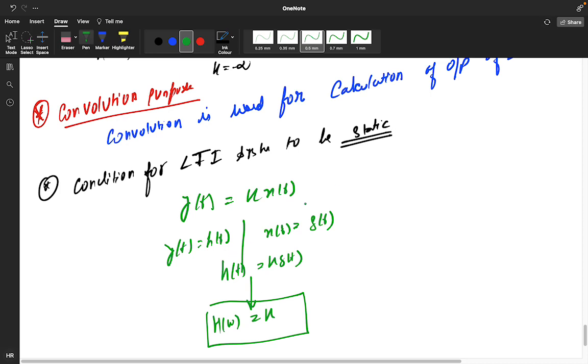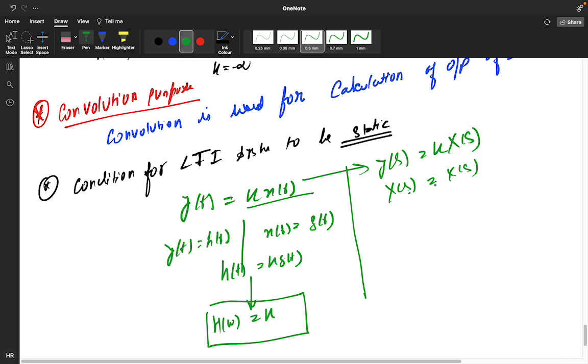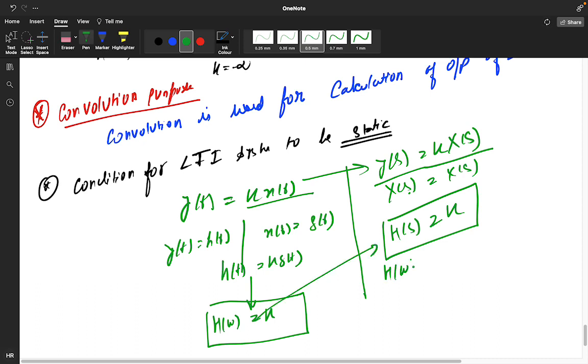Okay, see, you are considering y of t equals kx of t. So y of s will be kx of s, and x of s will be x of s only. Divide both, so you will get your transfer function y of s by x of s equals h of s, and the value you are getting is k. So h of omega you are getting k, right?